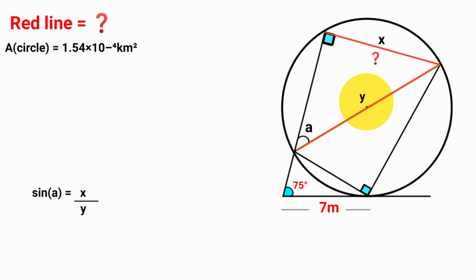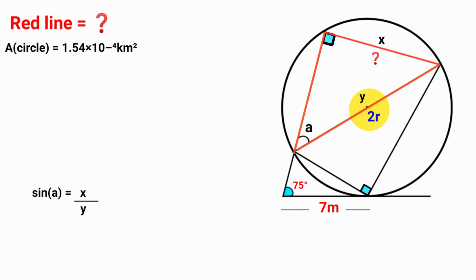But this side y here, if you look, it subtends this right angle to the circumference. The only chord in a circle that subtends a right angle to the circumference is the diameter. So this here is a diameter. The diameter is actually 2 radii.